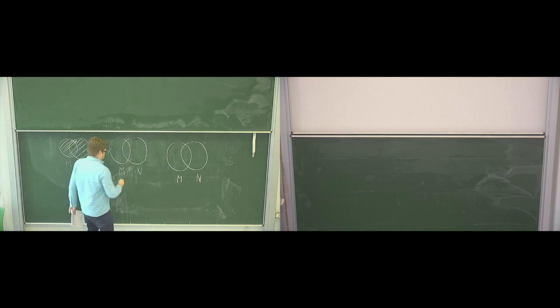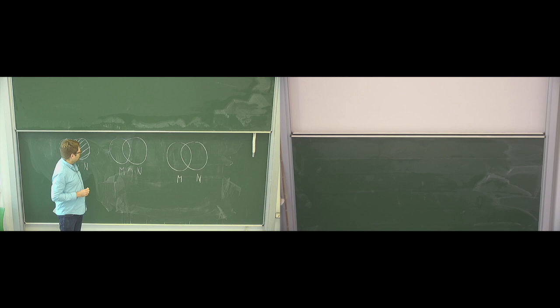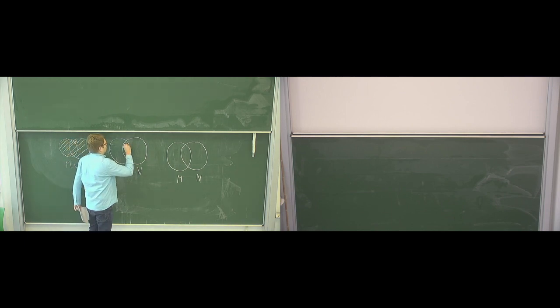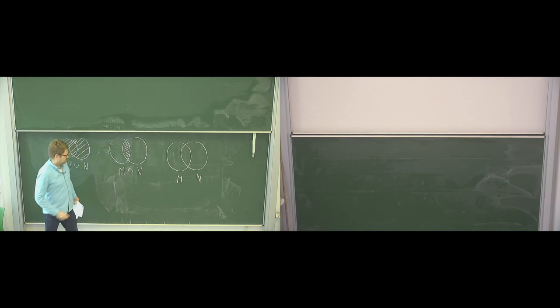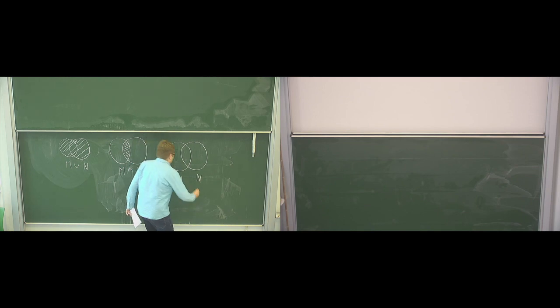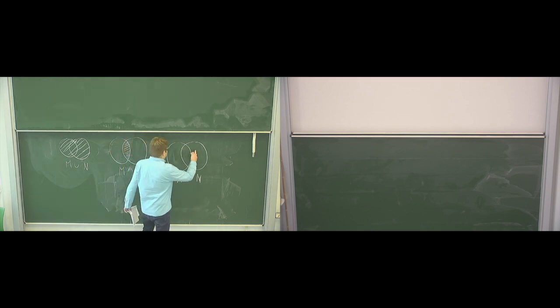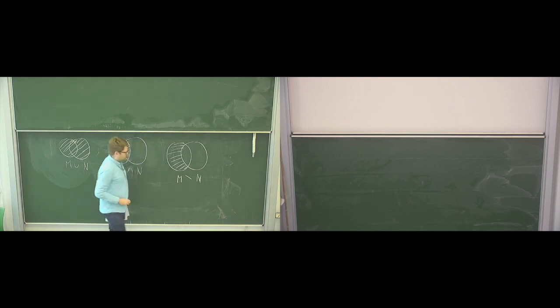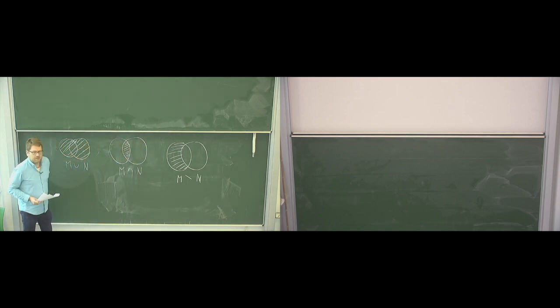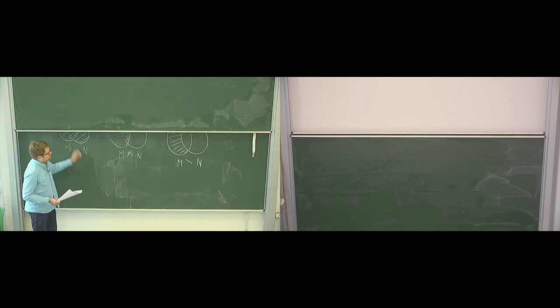The intersection of M and N means we need those points which are in both sets, and this is the area here, which is lying in both of these circles. Then we want to study M without N, so the points of M which do not lie in N, and this would then be this set here. So everything in M which is not in the area which intersects with N. Very simple. Okay, so much for that.